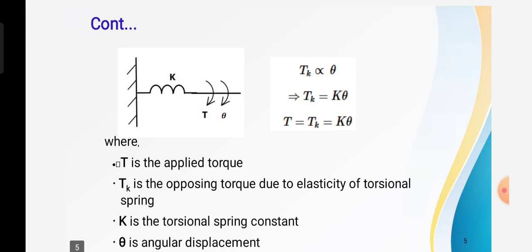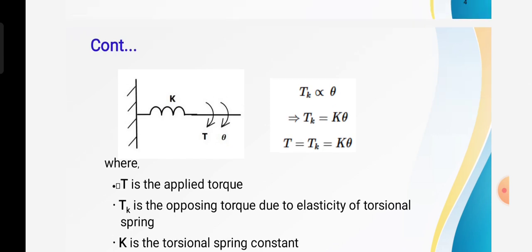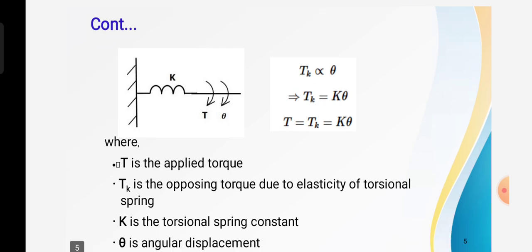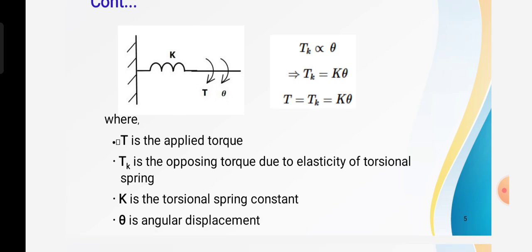When the torque is applied to the torsional spring, it will offer an opposing torque which is proportional to the angular displacement of the body, where T is the applied torque, Tk is the opposing torque due to elasticity of the torsional spring, K is the torsional spring constant, and theta is the angular displacement.